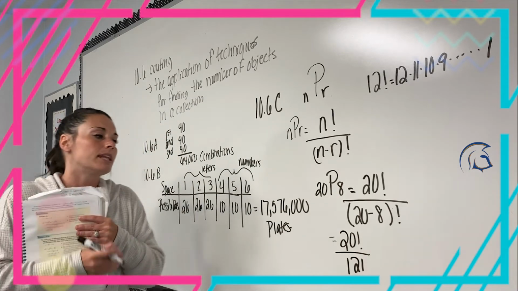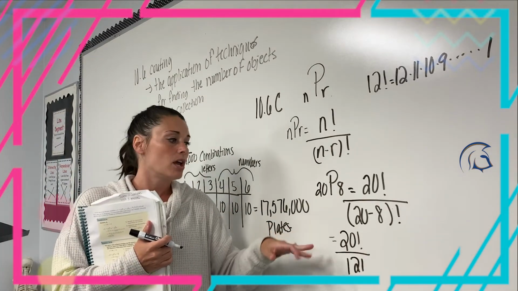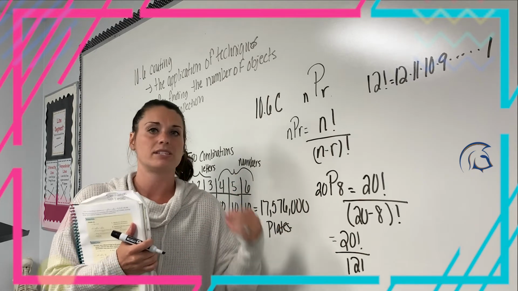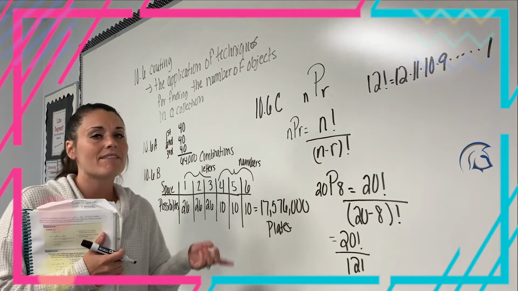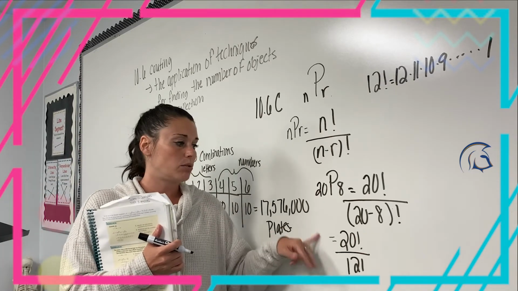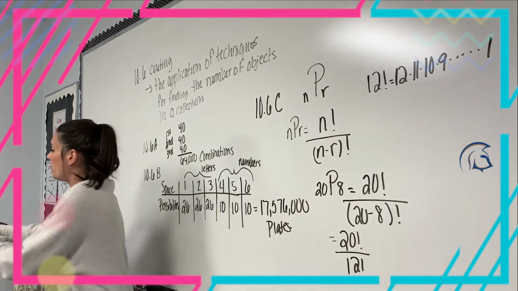Now, like I said previously, 20 factorial is 20 times 19 times 18 times 17 times 16. You have a button on your phone or on your calculator that you can just type in 20 factorial.